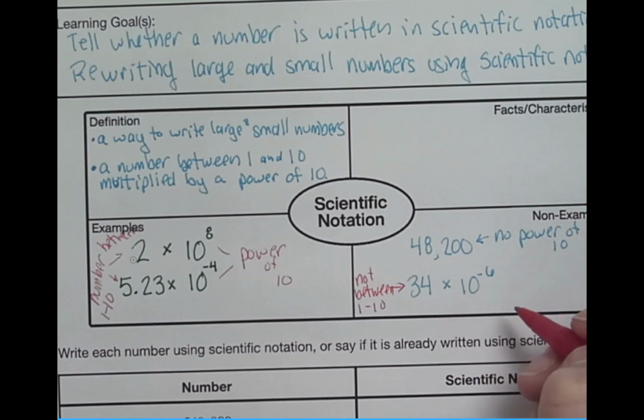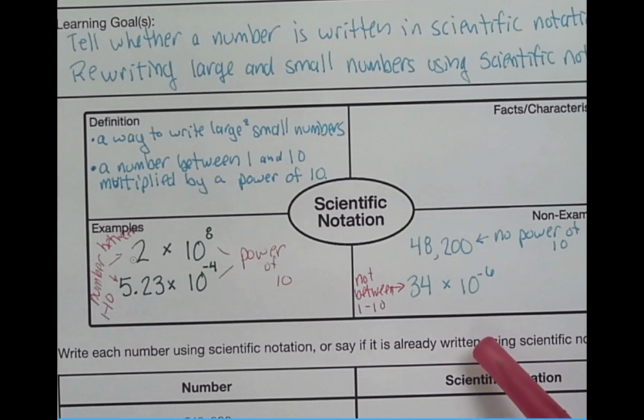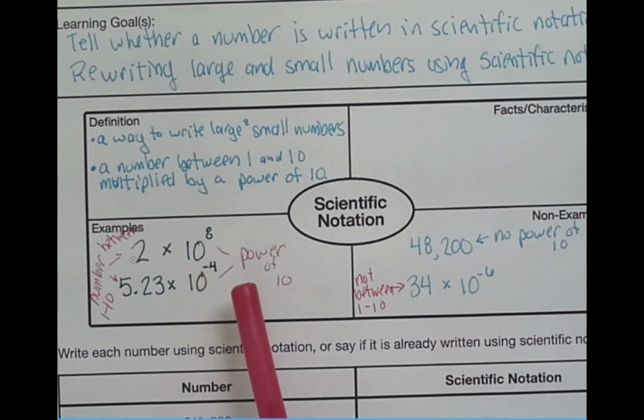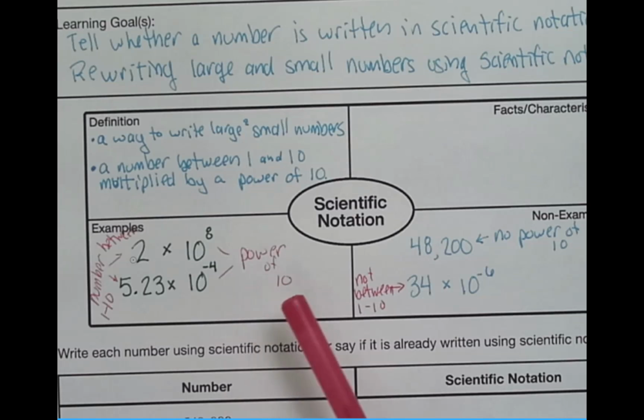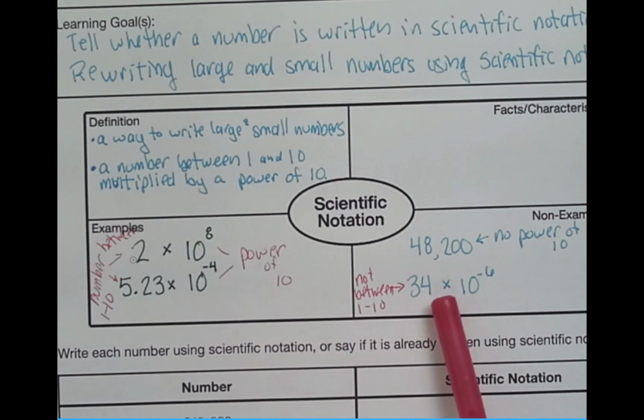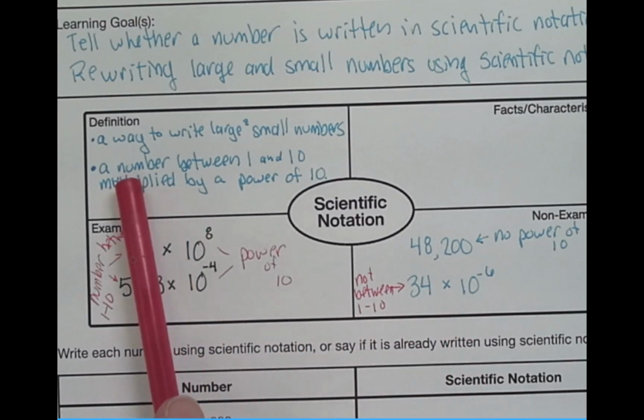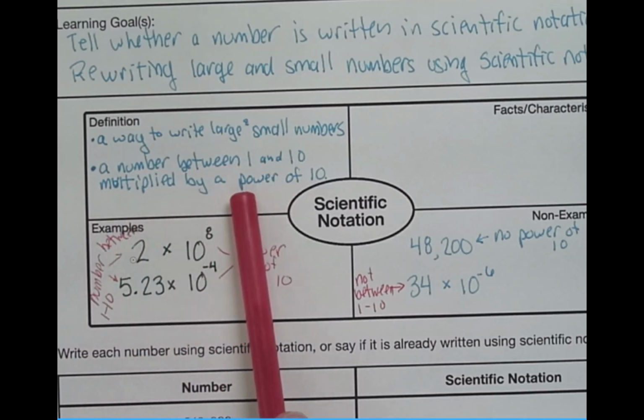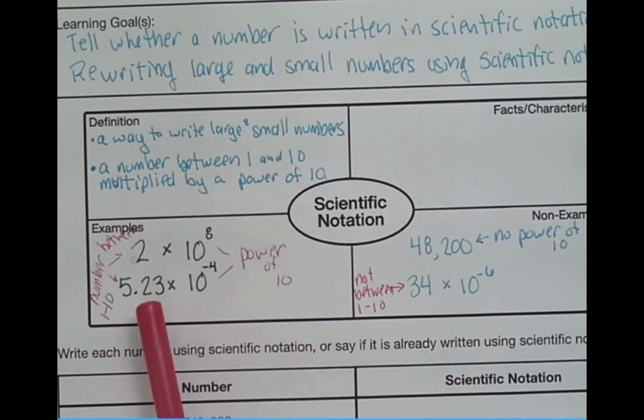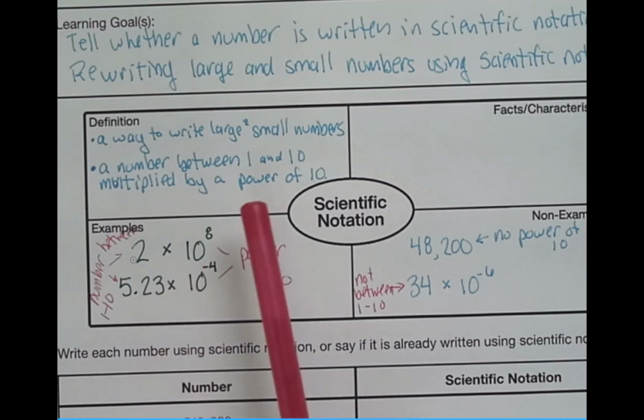So neither one of these is in scientific notation. We should be able to recognize whether numbers are written in scientific notation based on whether they follow this definition of what it should look like: a number between 1 and 10 multiplied by a power of 10.